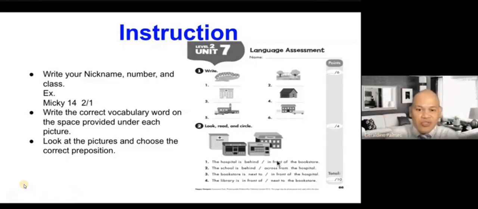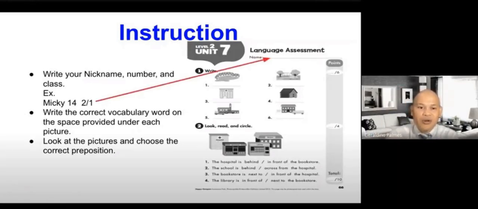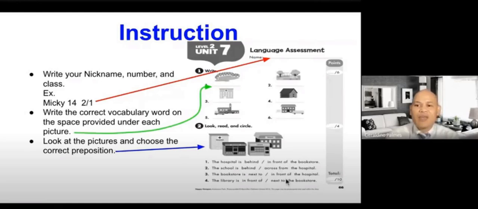So we use those things right here, except for the word around. Now, look at that example and write the vocabulary and choose between behind, in front of, across from, and next to. So choose the correct answer by circling them. You have 10 minutes to do this. 6 points, 6 points, total of 10 points. Okay.